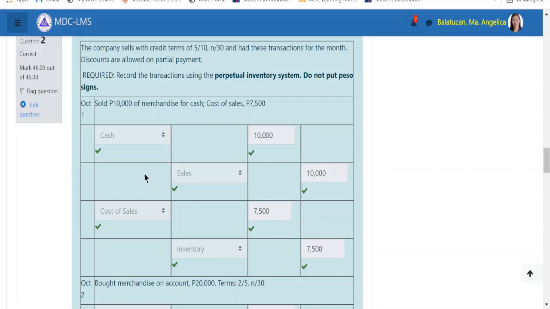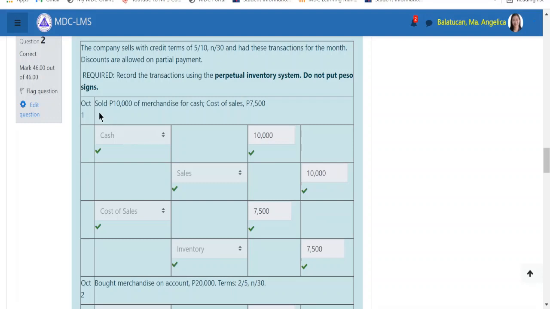Aside from that, we record cost of sales every time that we sell merchandise, and we credit the cost of sales every time there is a sales return. So in addition to the usual entries for periodic system, we also add cost of sales entries.